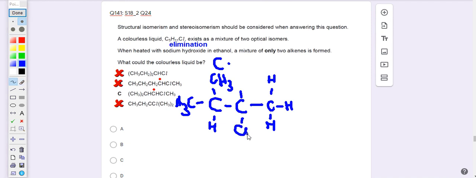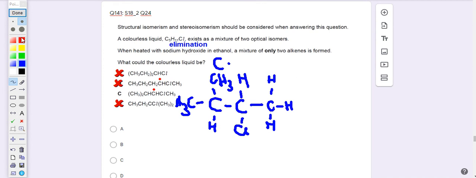I put Cl here. It doesn't matter whether I put Cl here or here because they are still bonded to the same carbon. Now same thing, this carbon has two adjacent carbon atoms which have hydrogen bonded to them.